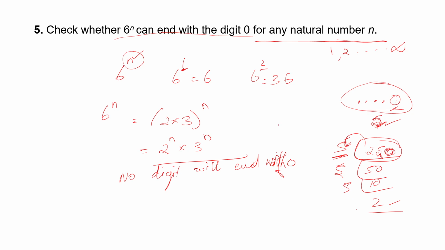So whenever a number ends with 0, 5 should be a factor of that. Here we are not having 5 as a factor, so no number will end with 0, since 5 is not a factor. Okay, so you can write like this and finish this off.